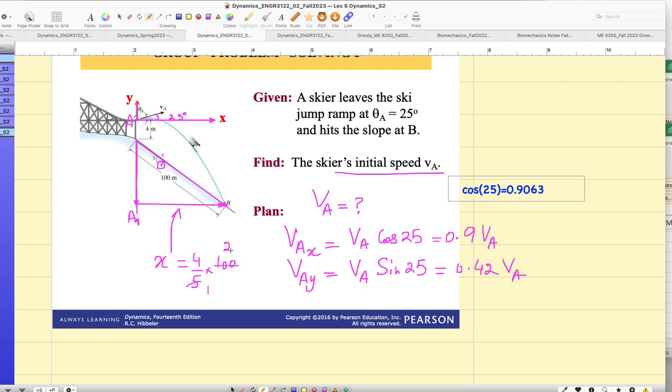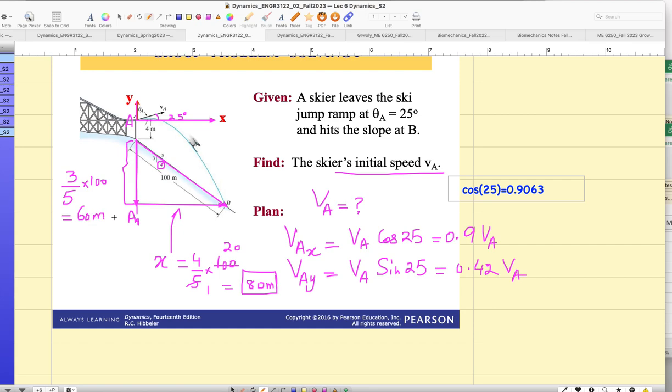It is 80 meters, which is the range of the projectile. And this distance in this triangle is 3 over 5 times 100, which is 60 meters. So now we are in good shape.